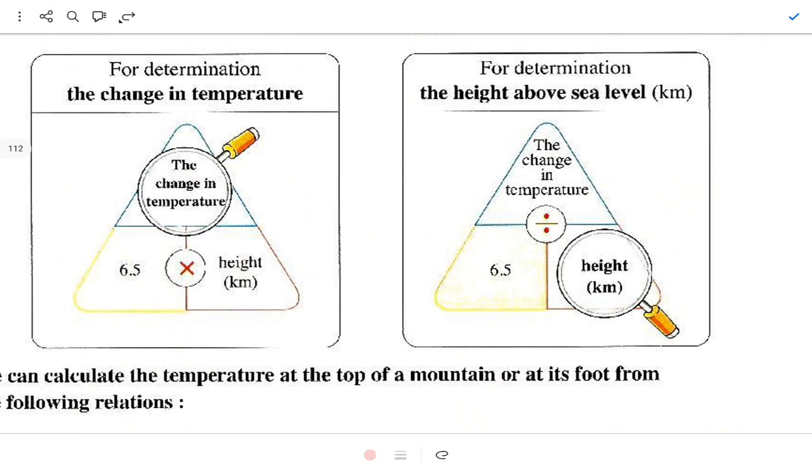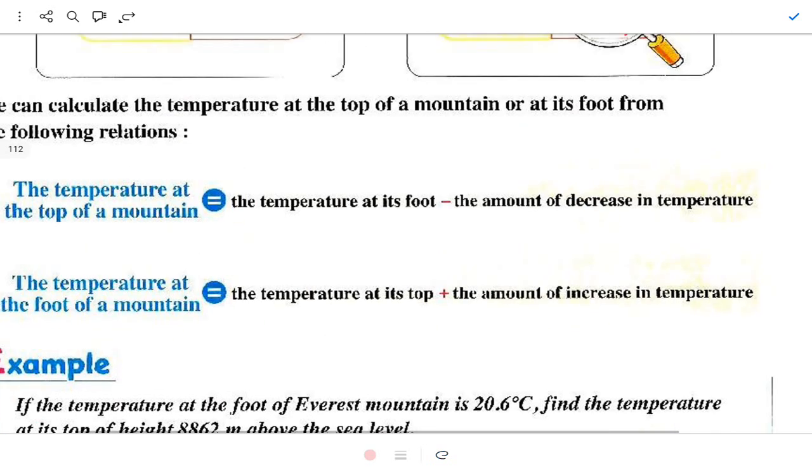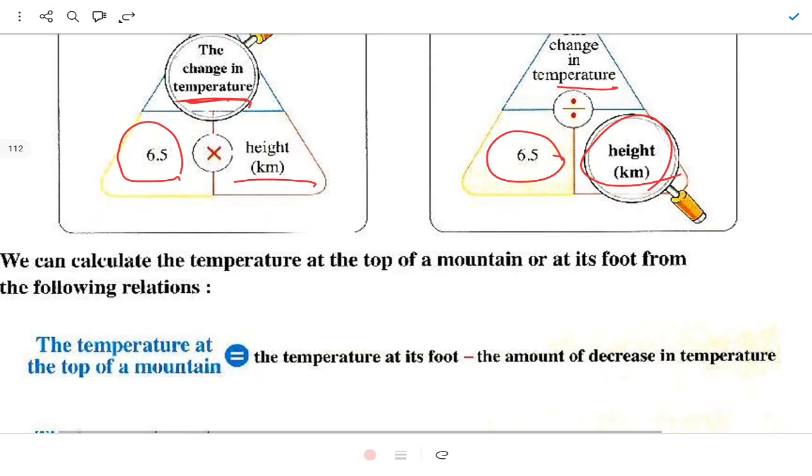If you want to measure the change in temperature, you have to multiply 6.5 with the height above sea level, and vice versa. If you want to measure the height, you will divide the change in temperature by 6.5. This is the law of the change in temperature.